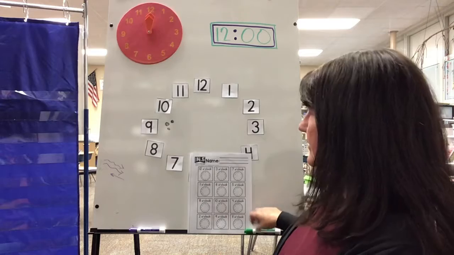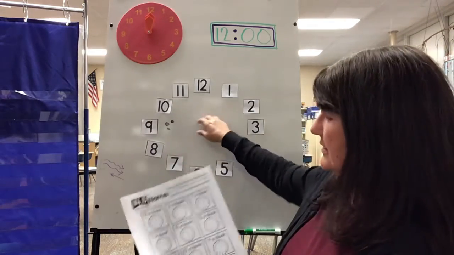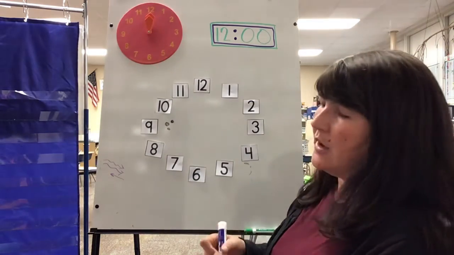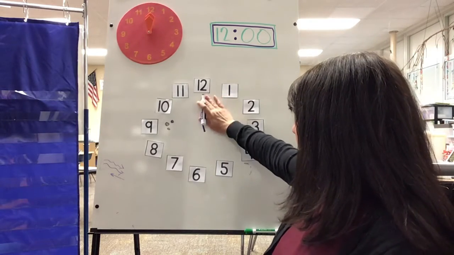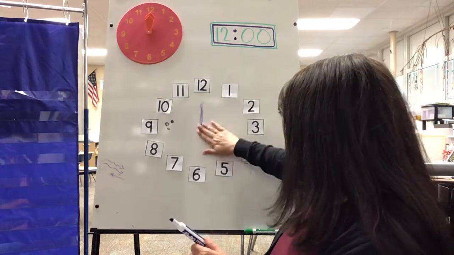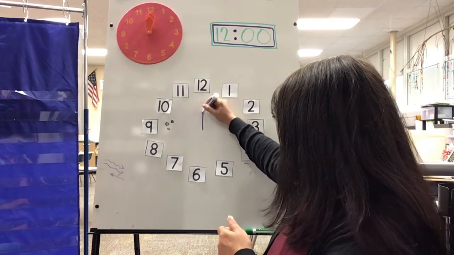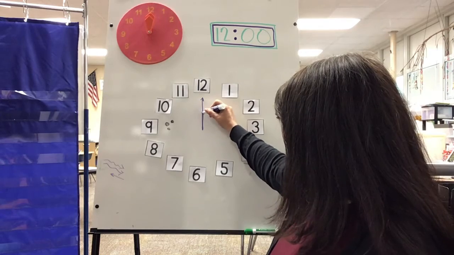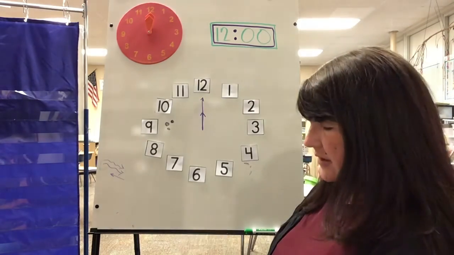Now the first thing we're going to do is draw the hands on these clocks. This first one says 12 o'clock. Well, I know that for o'clock, the long hand has to go straight up on the 12, right? So the minute hand should be pointing at the 12, and the hour hand is also pointing at the 12. So that makes it 12 o'clock.